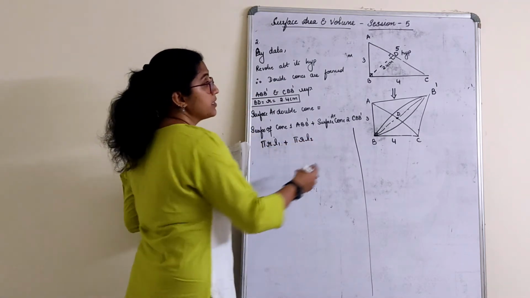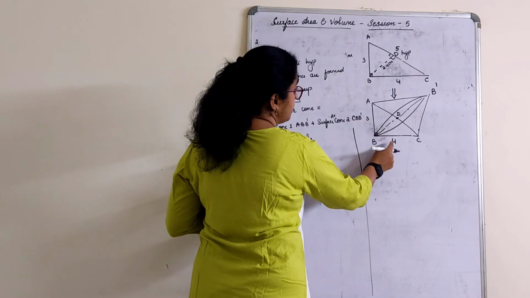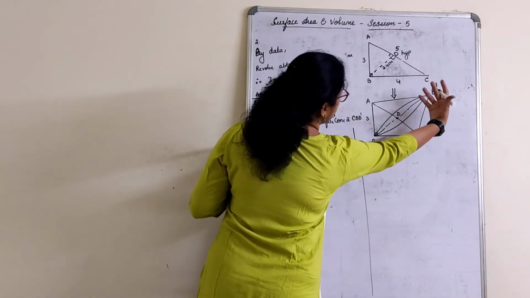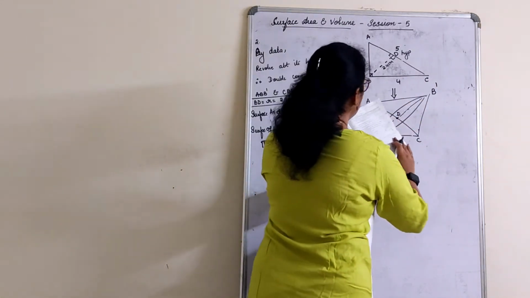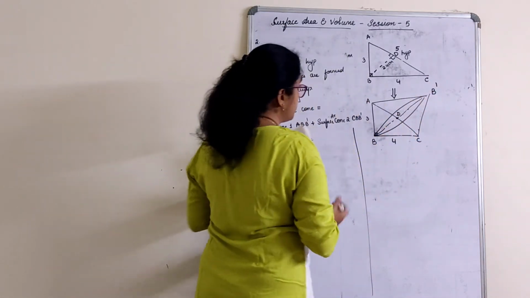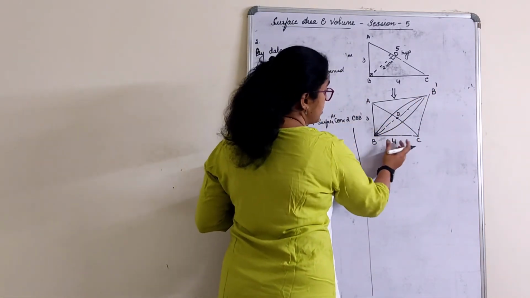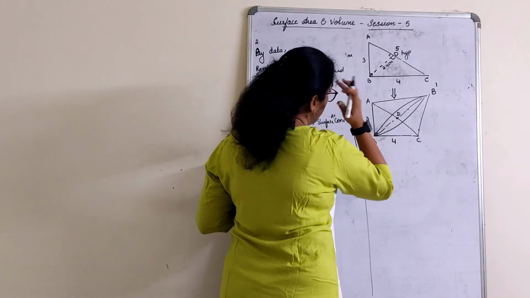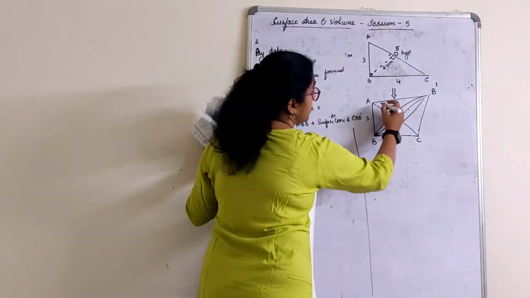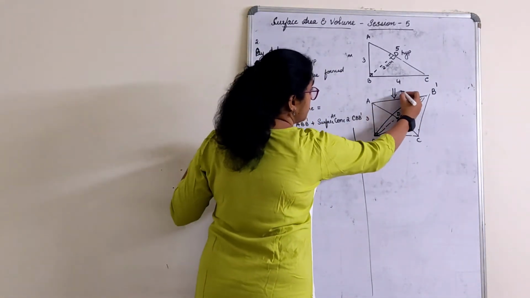L is the slant height. So this is 3. Now this is 4. This is made to rotate. So just imagine now this 3 centimeter and 4 centimeter will fall this side. So this is the slant height of the first cone, children.